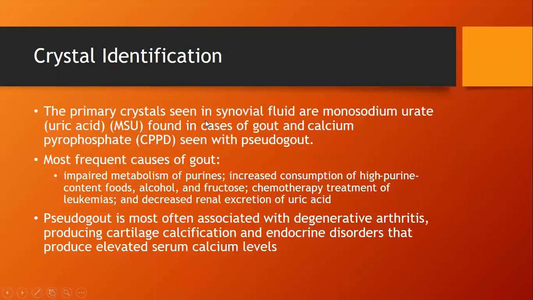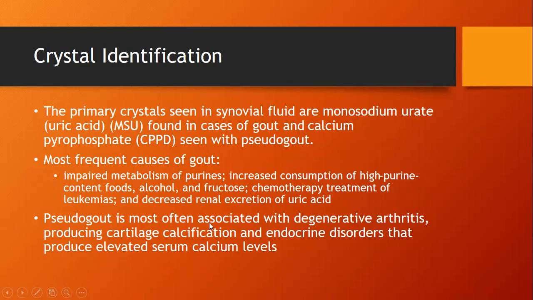Now, another parameter that we assess in microscopic analysis of synovial fluid is to identify the different crystals. I've mentioned that the most common crystals seen are monosodium urate or uric acid crystals, and CPPD or calcium pyrophosphate crystals seen in pseudogout. These are the conditions more or less associated with gout, or uric acid formation in the synovial fluid.